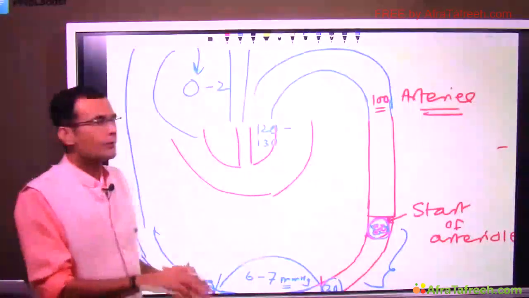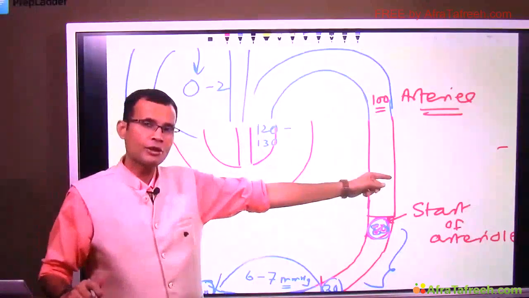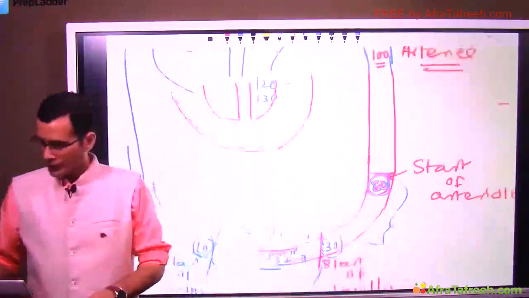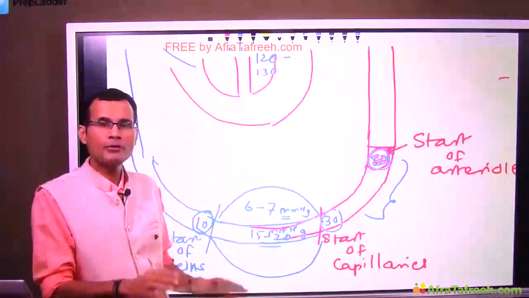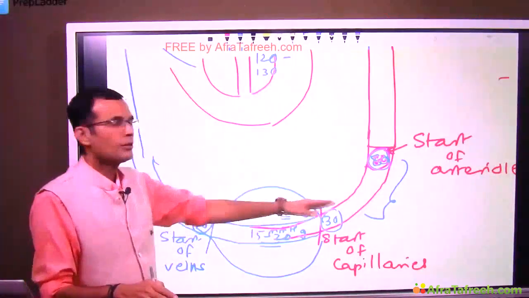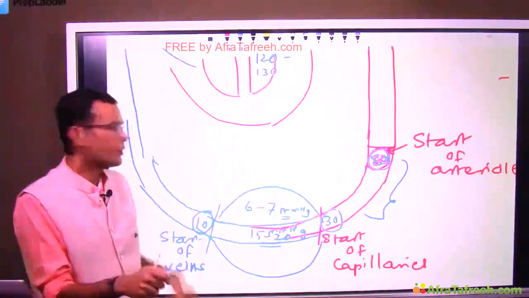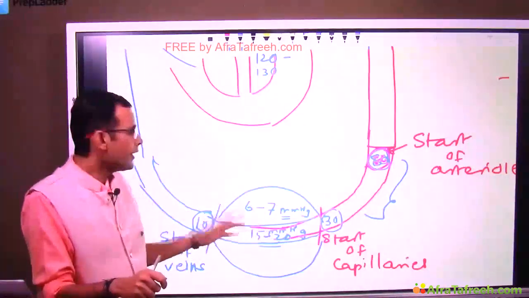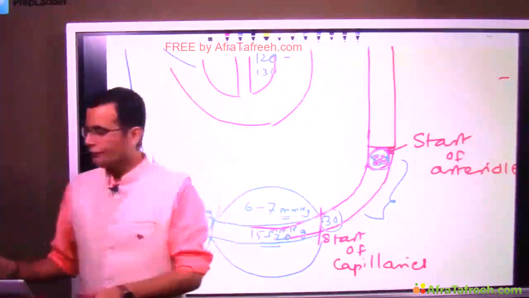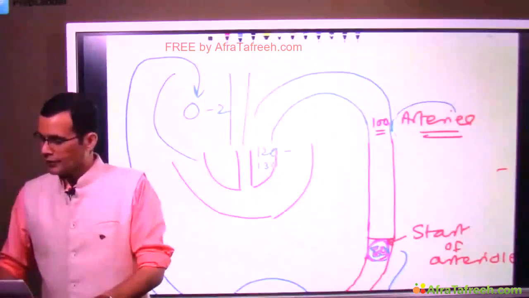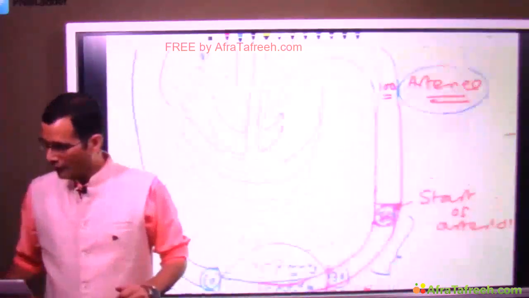That's because, look, when the arterial pressure is 100 mm of Hg, that time the capillary pressure is 15 to 20 mm of Hg, and the blood flow is possible through the capillaries. As I mentioned, there is a tissue pressure, so you need certain pressure in the capillaries. Now imagine if the pressure in the arteries itself goes below 20 mm of Hg. What will happen?